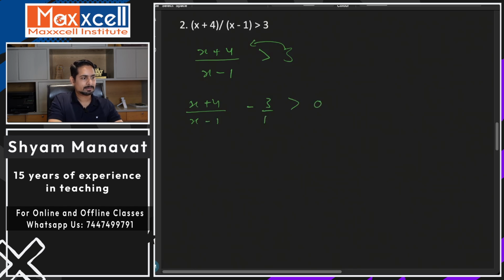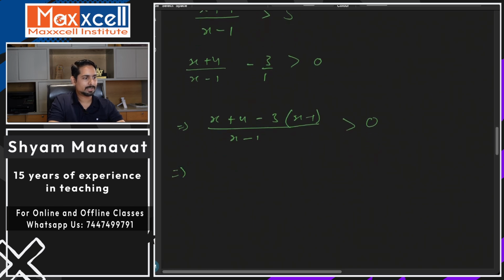Simplify this, simplify quickly. You got x minus 1, x plus 4 minus. You know how to simplify this part? I'm sure you know that, right? Greater than 0. Simplify further, you have x plus 4 minus 3x plus 3.